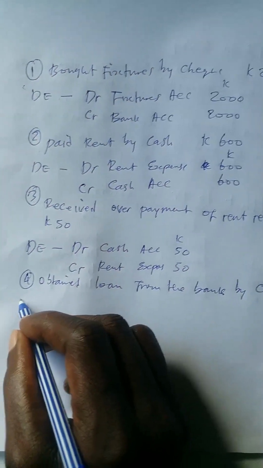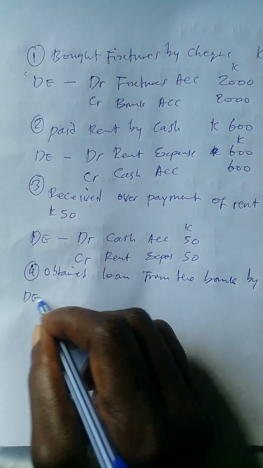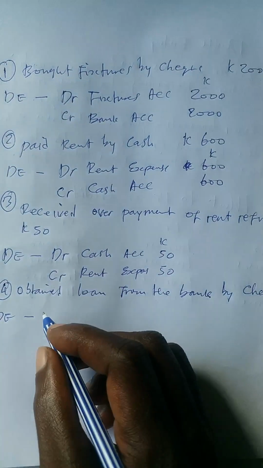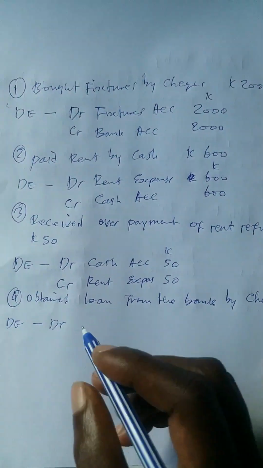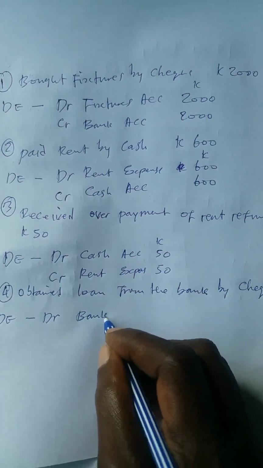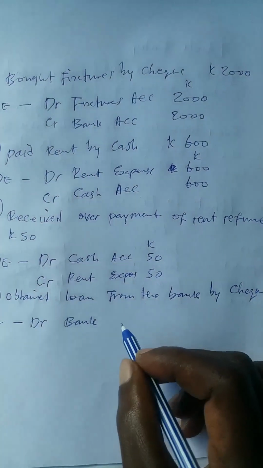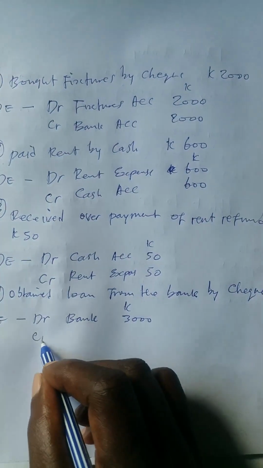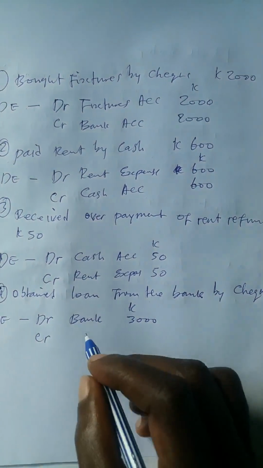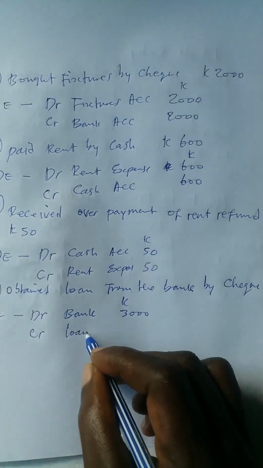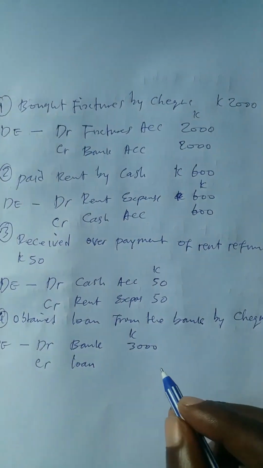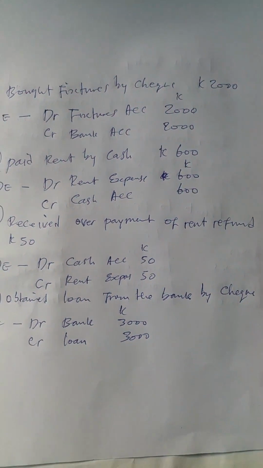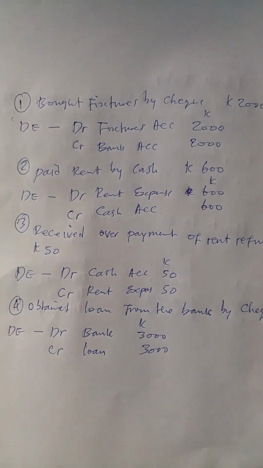Our double entry will be: since we obtained the loan, cash is coming in, debit bank account. It was by check, so bank account, kwacha 3,000. Then credit loan account, which is a liability, 3,000 kwacha. That's the double entry there, number 4.